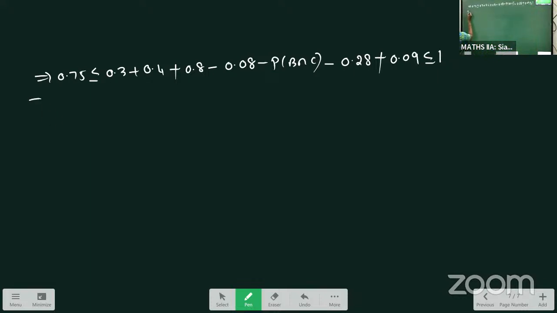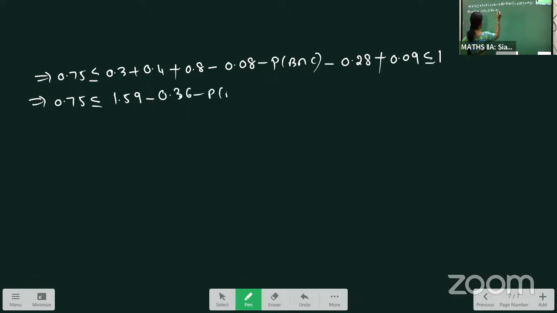Now, 0.75 less than or equal to, add the positive terms: 0.3 plus 0.4, 0.7, 0.7 plus 0.8, 1.5, 1.5 plus 0.09, 1.59. Take the negative terms, 0.08 minus 0.28. Add both of them, it is minus 0.36.